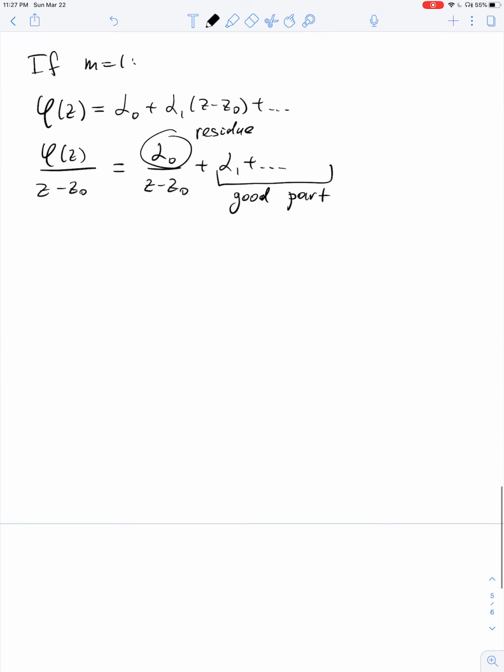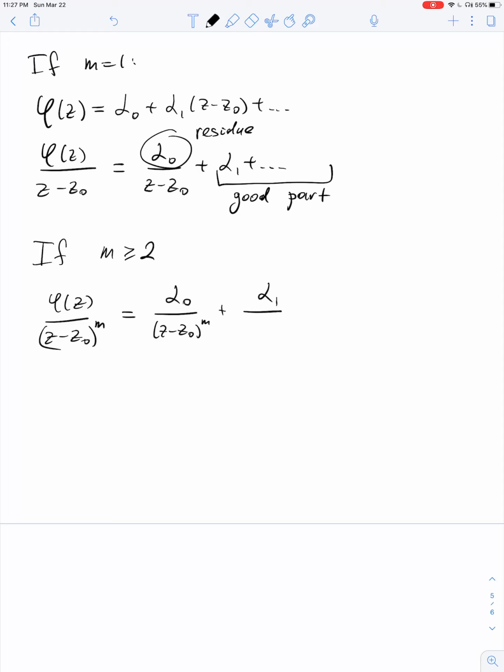Okay, so if m is bigger or equal to 2, then we still have this same expansion for phi of z, except that now we need to divide by z minus z0 to the power m, so we'll have alpha 0 divided by z minus z0 to the power m, plus alpha 1 over z minus z0 to the power m minus 1, plus blah blah blah.